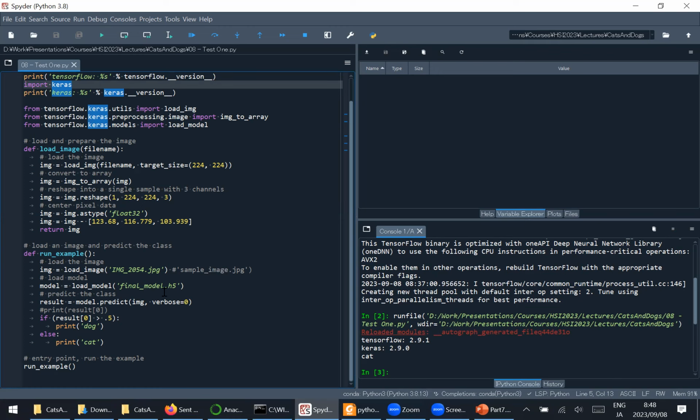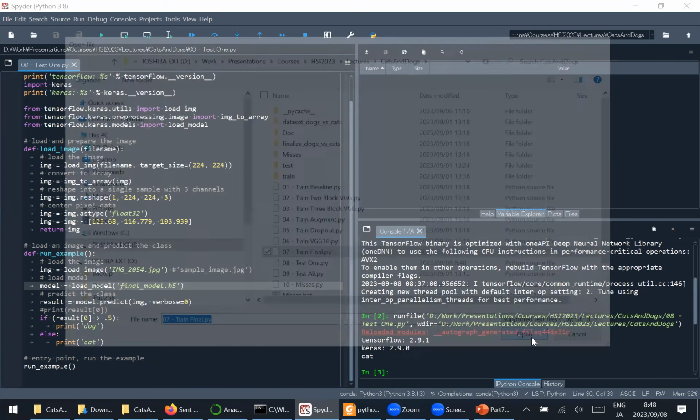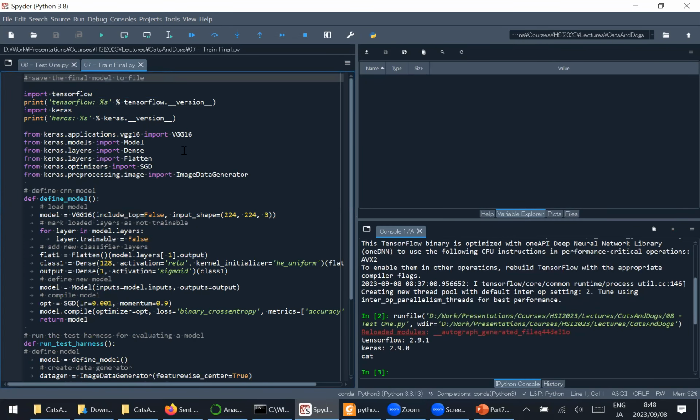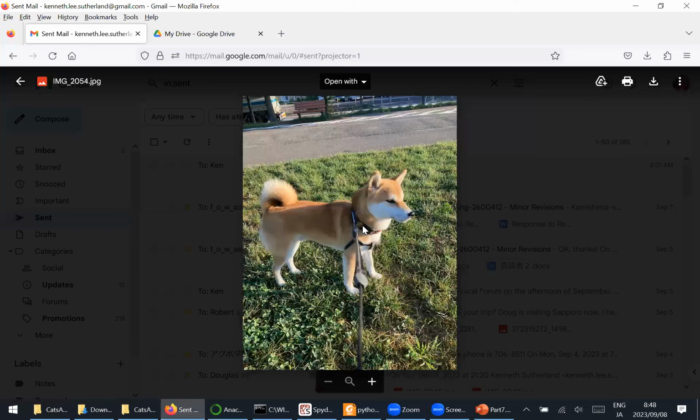One thing, I'm not sure how we trained this final model? Let me just check here. We trained final model. Yeah, we did use VGG. Okay. So one thing I was thinking, maybe because this image is, I'd say, portrait.